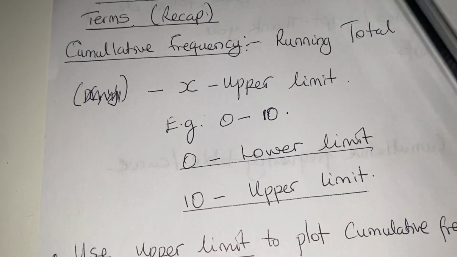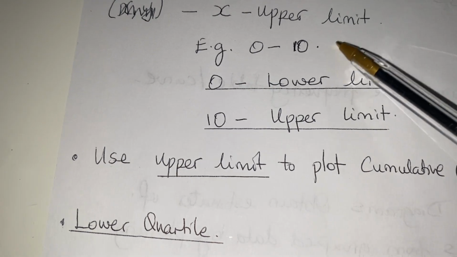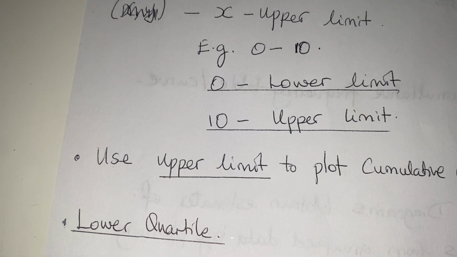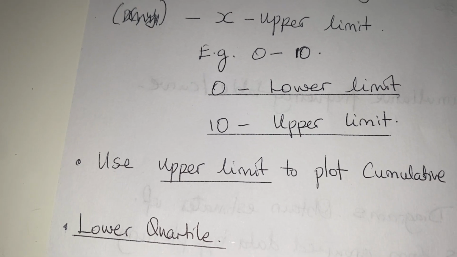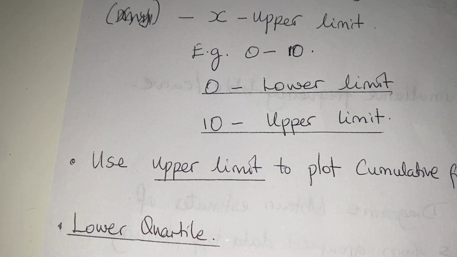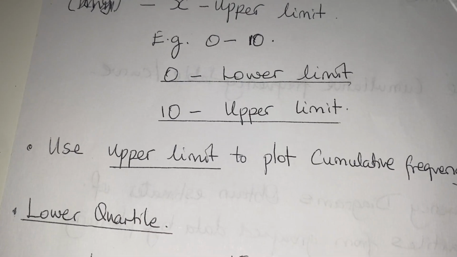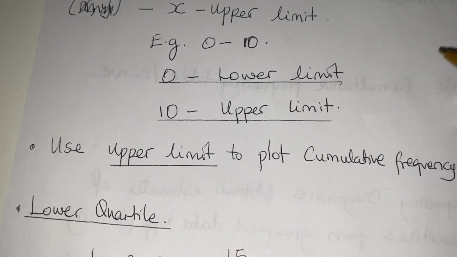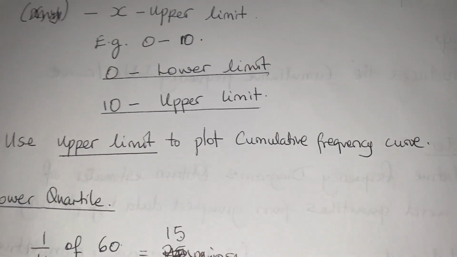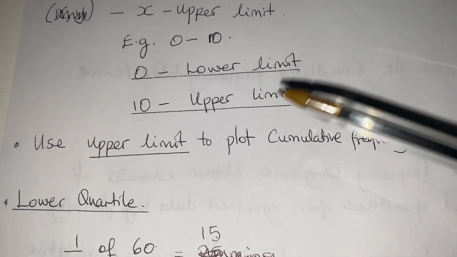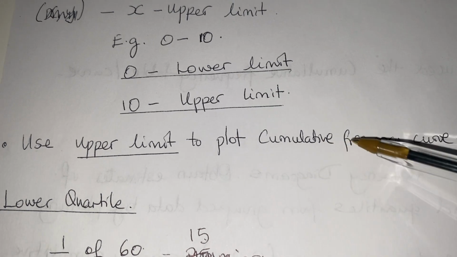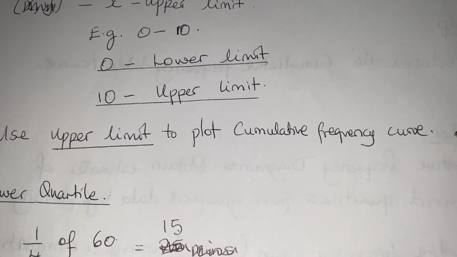But if you're plotting your curve, you use your upper limit. That's why we say less than 10 on the table. Remember that. If you use your lower limit, you get a different result. So use the upper limit to plot the cumulative frequency curve.